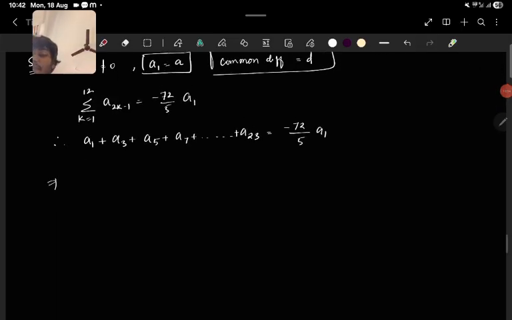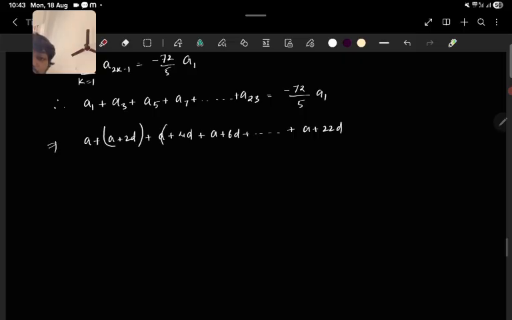So it will be a1 plus a3 plus a5 plus a7 so on up to a23 is equals to minus 72 by 5 a1, right, beta? So it is simply a plus 2d plus a plus 4d plus a plus 6d so on up to a plus 22d, right? These are the terms actually, is equals to minus 72 by 5 a.